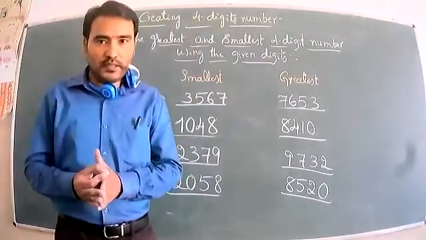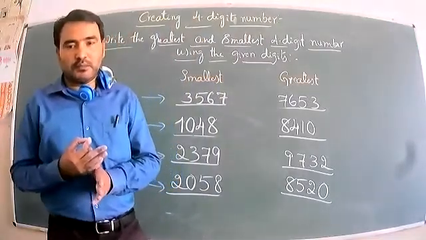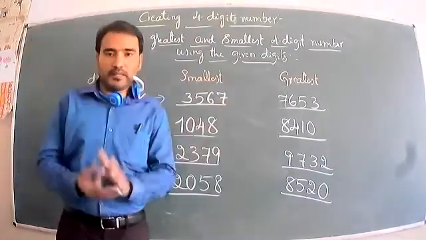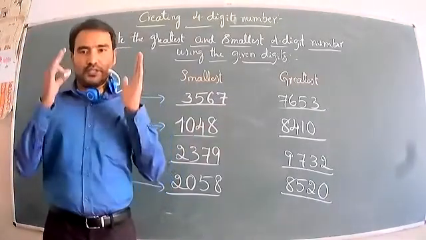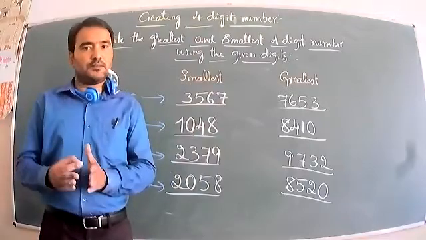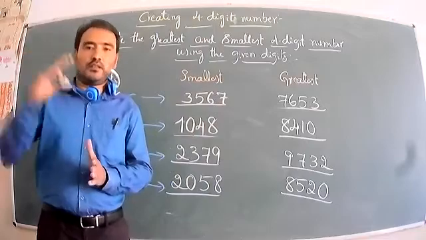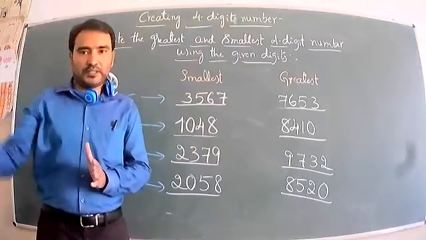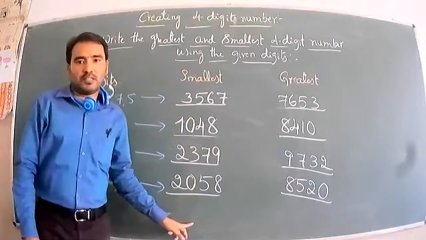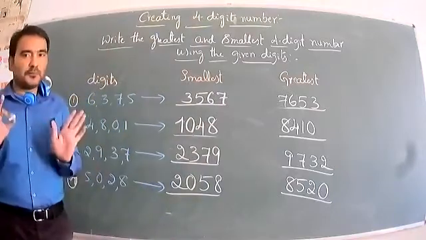The digits arranged in descending order become the greatest number. When 0 is there, use it in the second place for the smallest number. In the greatest number, 0 is in the ones place. Keep that in mind, and we can make the smallest and greatest numbers easily.